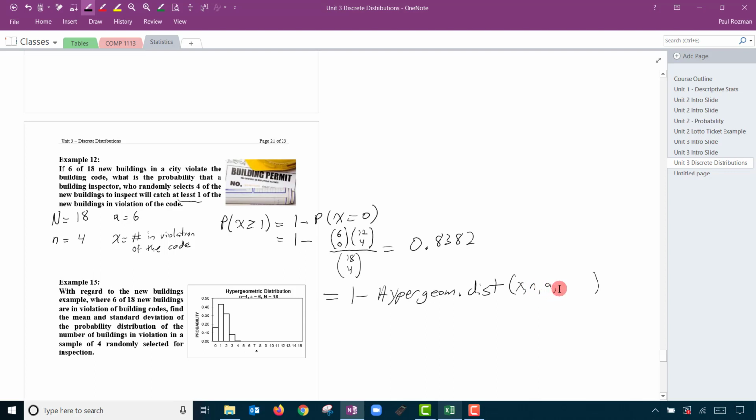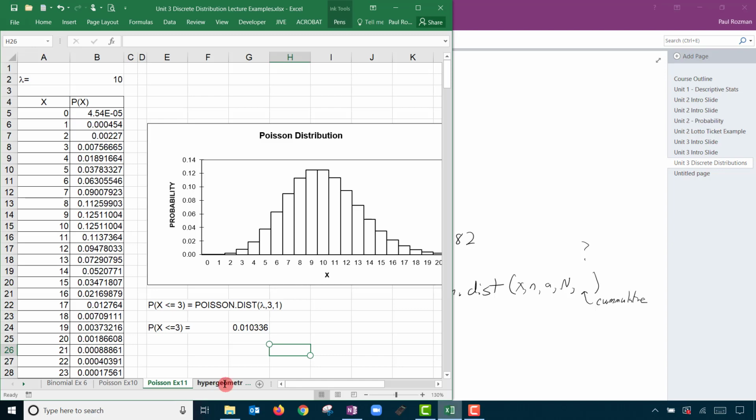Then it goes a, then big N, and then cumulative. I'm not sure about the order of these parameters. The nice thing about Excel is that once you start typing the formula, it will prompt you with those things. Let's go give it a shot here.